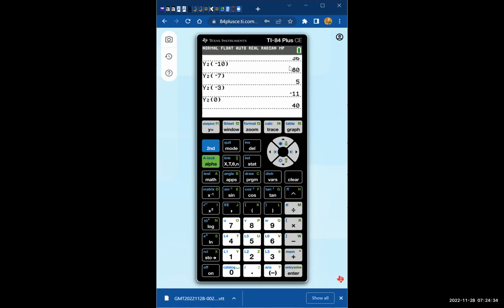So now I've got concave up, concave up, concave down, concave up. So up, up, down, up.